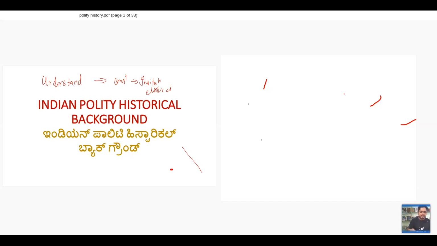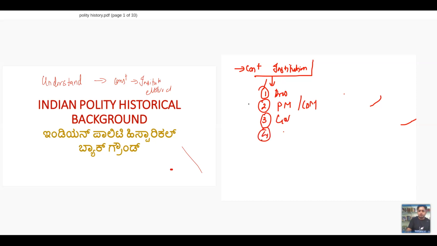Okay, let's start. Now, before starting, can I ask you what a constitutional institution is? Have you heard about constitutional institutions? Yes, there are constitutional institutions. One, the President. Two, the Prime Minister and his Council of Ministers. Three, the Governor. Four, the CM and his Council of Ministers.